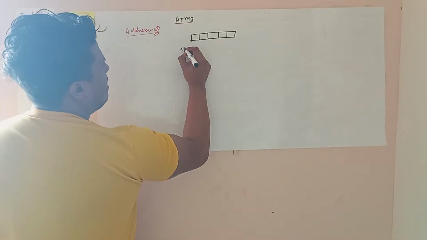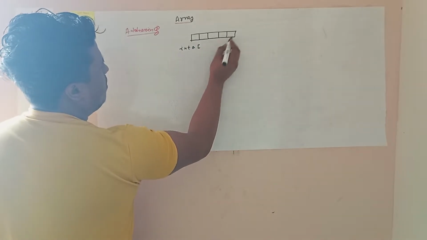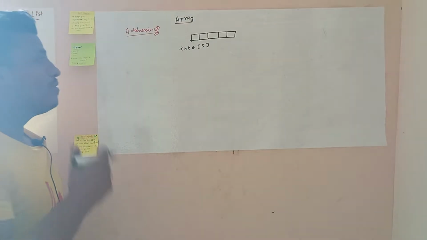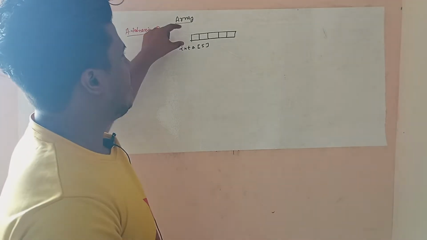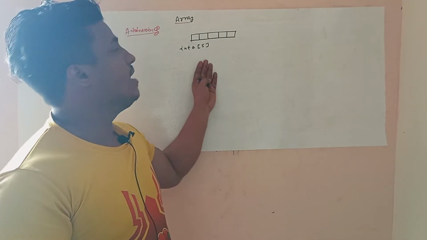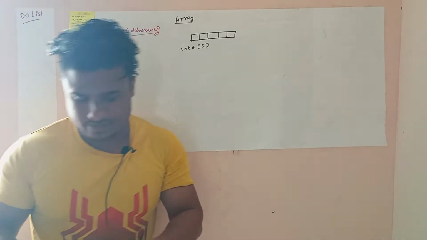Suppose I declare one array, int a of size 5. You must declare the size, otherwise there will be no registration of a chunk of memory and it will throw an error that the array size must be there. I hope it is clear to you guys.